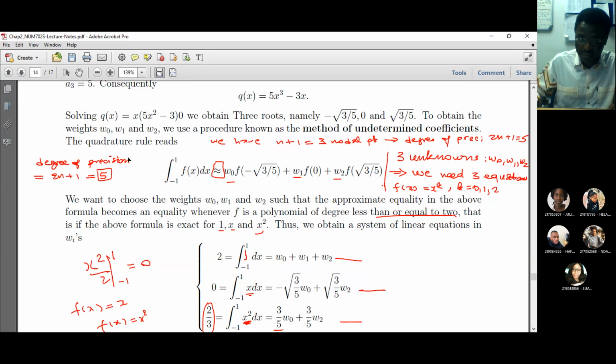I want you to understand that so that this will not confuse you. What is written here? Here, it is not mentioned that the degree of precision is 2. No. It will be exact for polynomial degree less than or equal to 5, but we need to stop at 2. Is that clear for everybody?